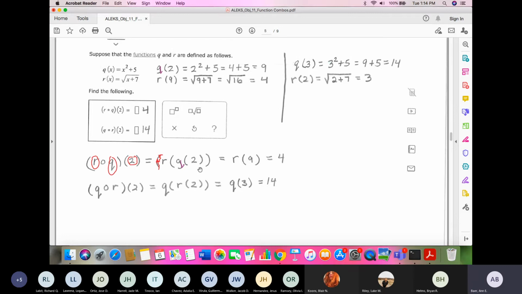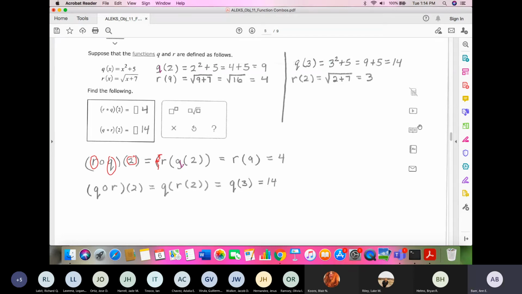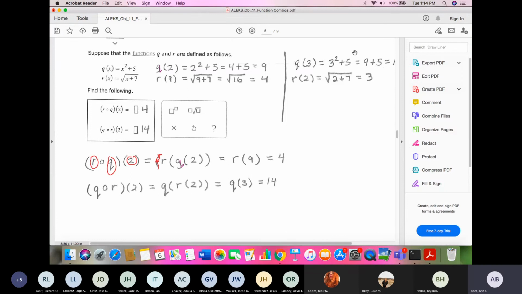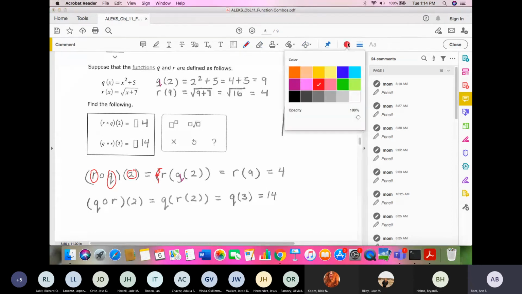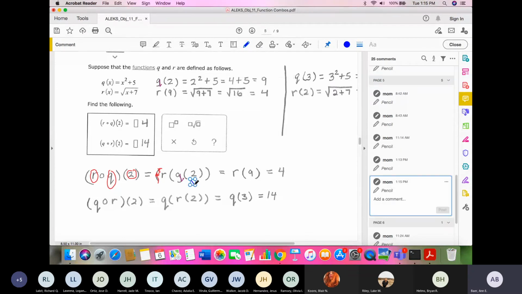This right here. Maybe this will make more sense if I do this. Let me get a different color. How about blue? This is your x. What's inside the parentheses here? This is an x.